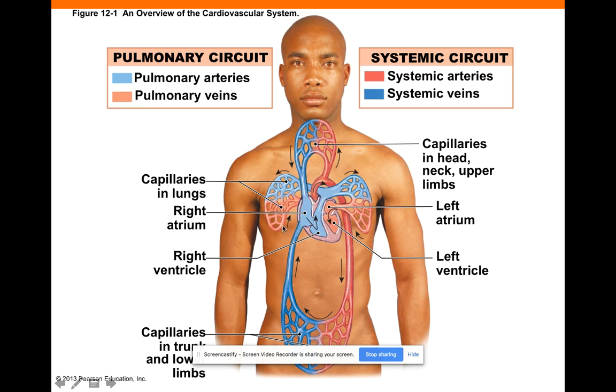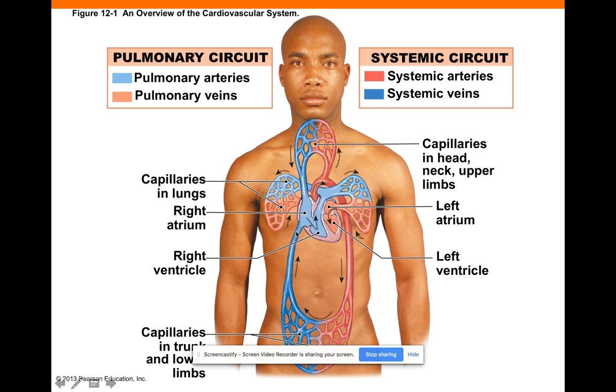So the only color differentiation you're going to see in blood, whether it's inside the body or outside the body, no matter what, don't let anybody tell you that blood is blue. It is not. It's always going to be red. It's just a difference in bright red or dull red.